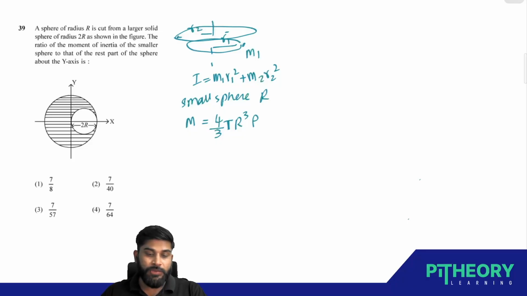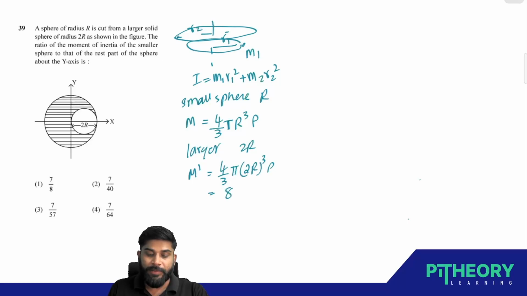We are taking these two spheres as having uniform mass density. The larger sphere has radius 2r, so its mass m dash is 4 by 3 pi (2r) whole cube into rho. 2 cube is 8, so it is 8 into 4 by 3 pi r cube rho. So the mass of the bigger sphere is 8 times the mass of the smaller sphere.